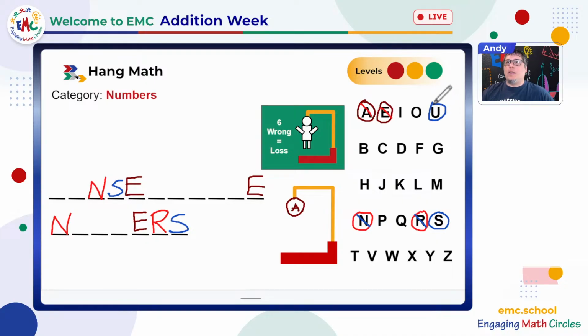Someone says U, M, and B. They think they know a word. They're going for all three at once, and they are correct. Numbers. But we'll get the U, M's, and B's from this word as well.